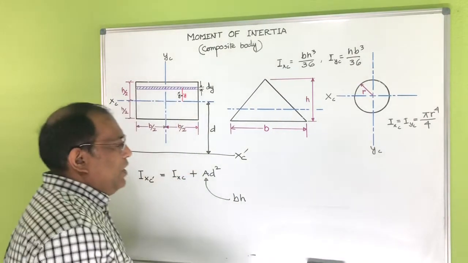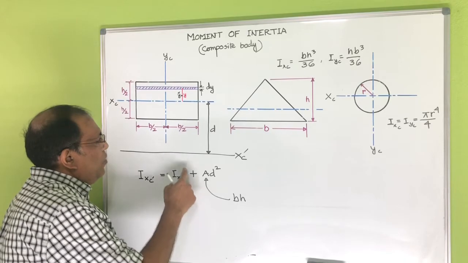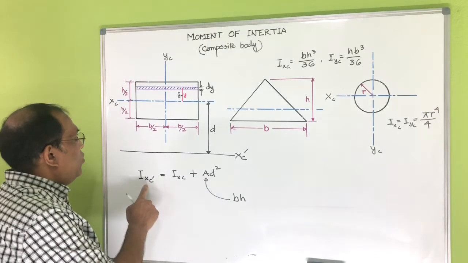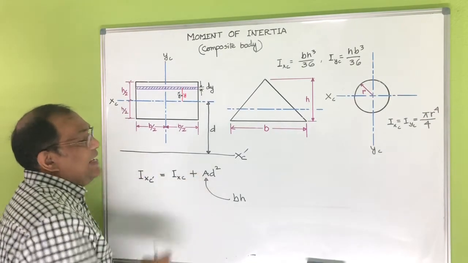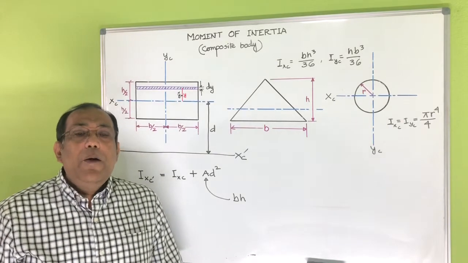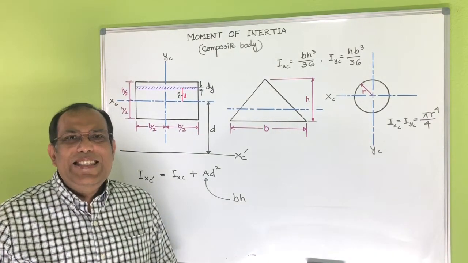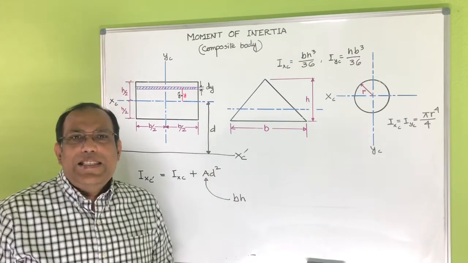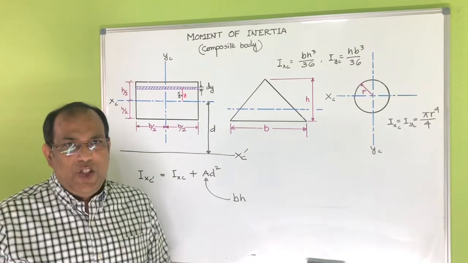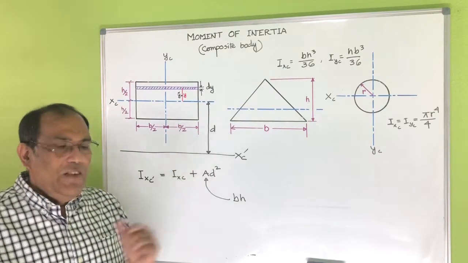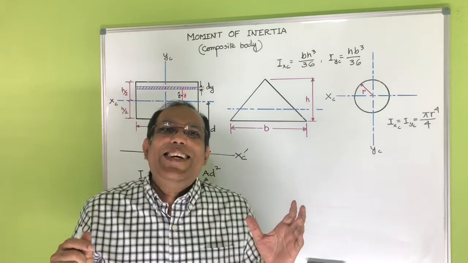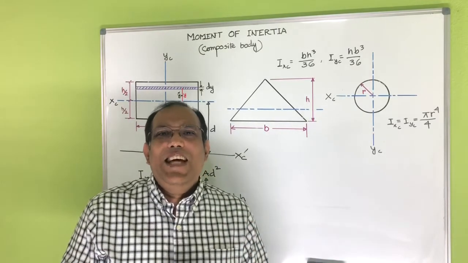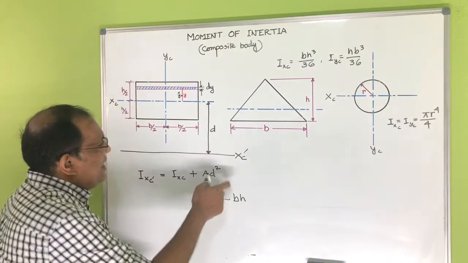So if you know the moment of inertia at the centroidal axis, you can change it to any other parallel axis by adding A d square, where A is the area of that component and d is the distance from the centroidal axis of that component to the axis at which you are trying to find your moment of inertia. All the values given in your book are the moment of inertia at the centroidal axis, and you can change that to any parallel axis by adding this term.